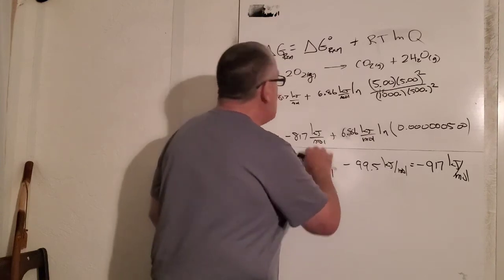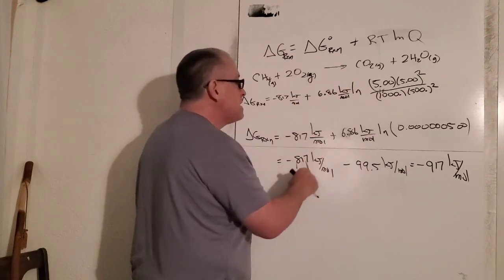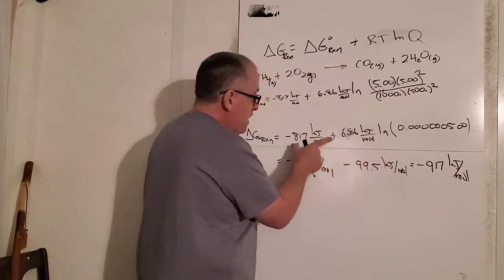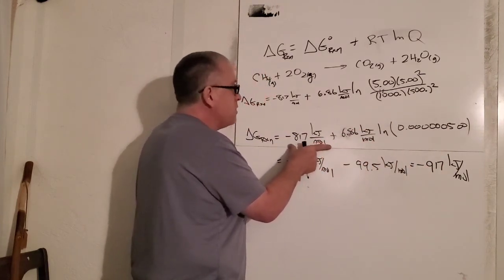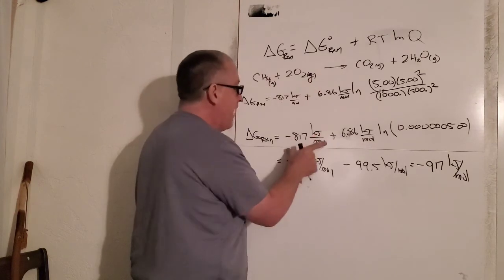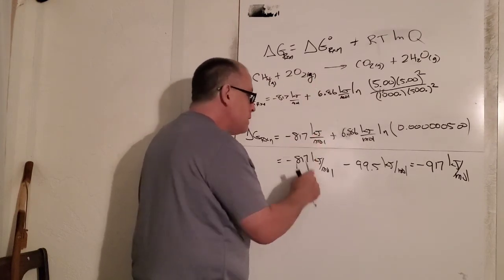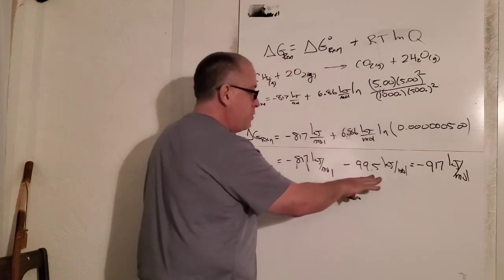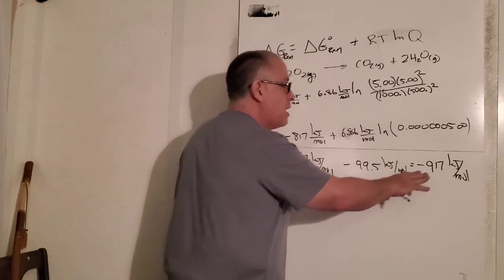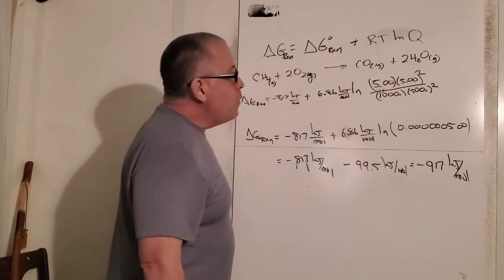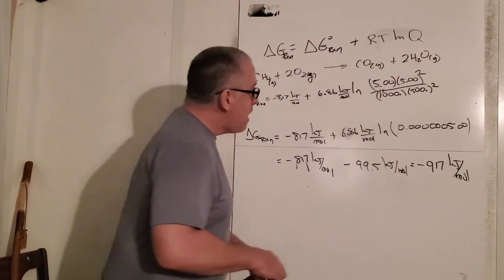Also, it tells me I'll get more energy out of it under non-standard conditions than I will under standard conditions. Under standard conditions, where everything's 1 atmosphere, I get 817, right? And under these non-standard conditions, I get almost 100 kilojoules more. Okay? So that's pretty much how you guys do that stuff.